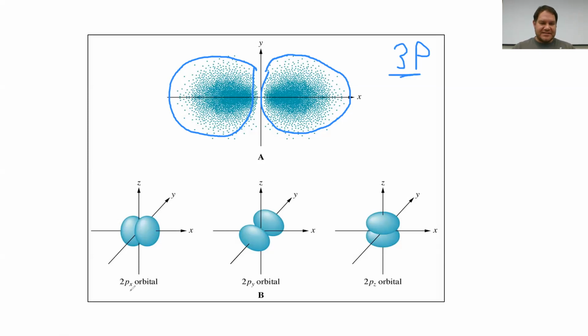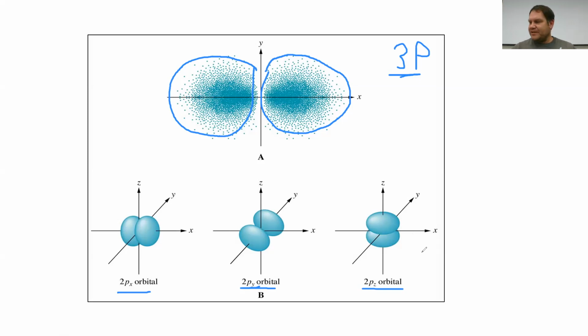And the difference in these three is not their shape, but their spatial orientation, how they're oriented in space. Some of them have the two lobes oriented along the x-axis, some along the y-axis, and some along the z-axis in three-dimensional space.